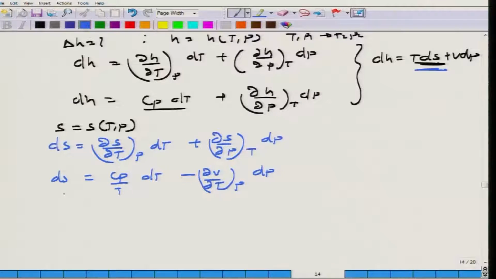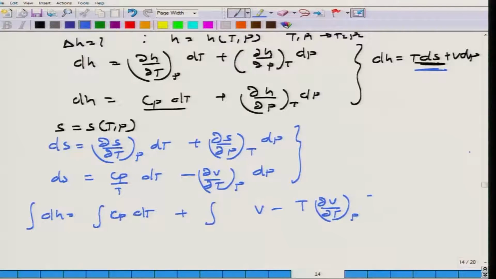So finally if we make use of this expression we get dH, and integrating it, the integral of Cp dT plus the integral of V minus T times del V by del T at constant P dP. This integral will be from T1 to T2, this will be from P1 to P2, and this is going to be your delta H, H2 minus H1.